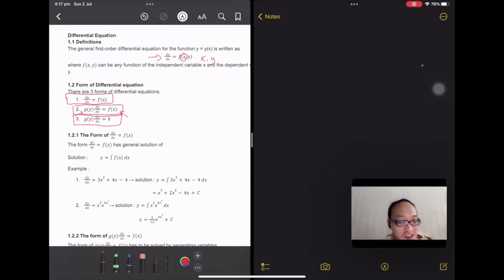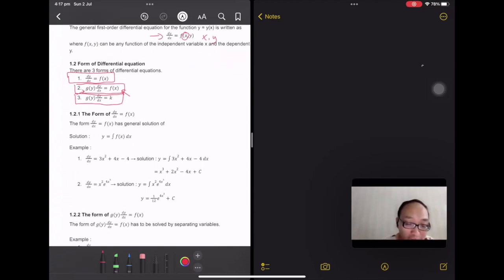Let us see the first form. The first form is dy/dx equals f(x). The dy/dx equals f(x) has the general solution y equals the integral of f(x) dx. We can see an example.